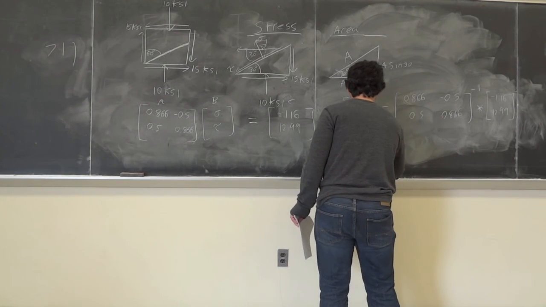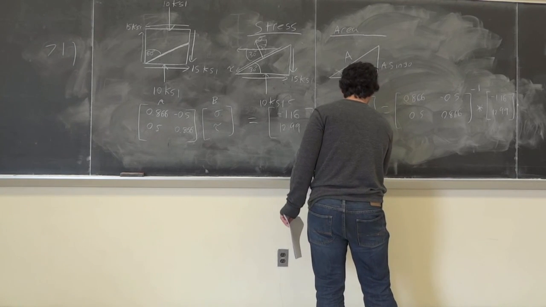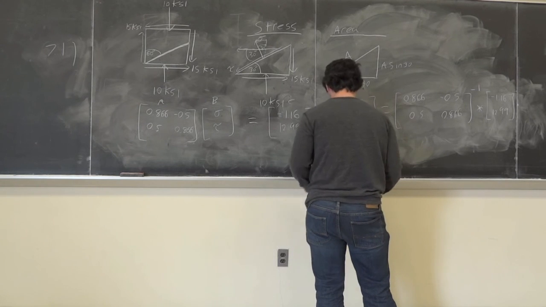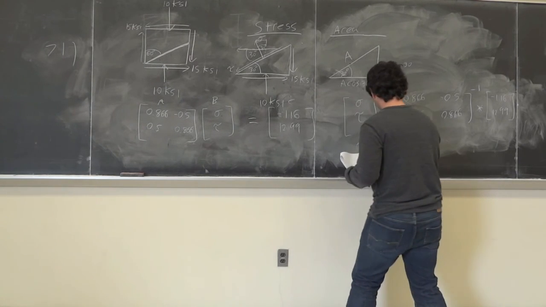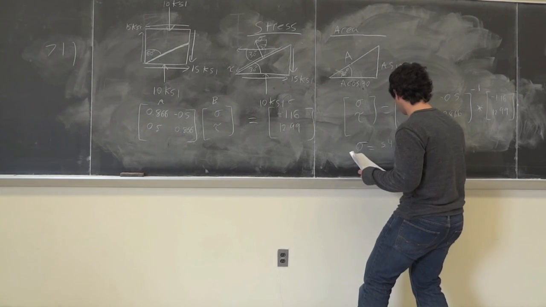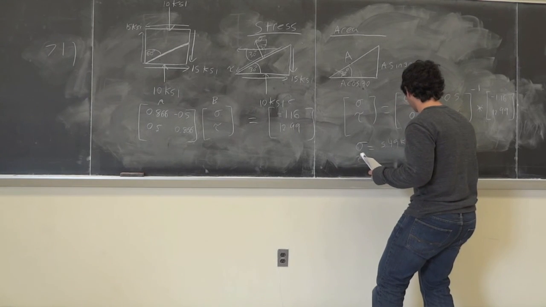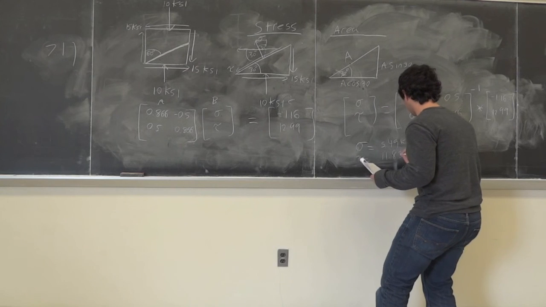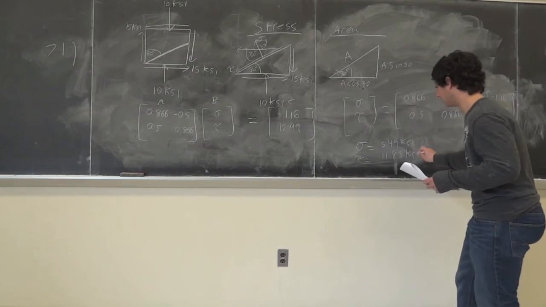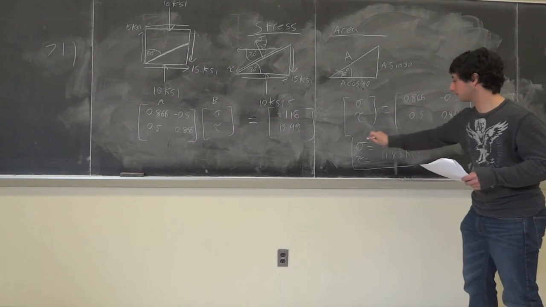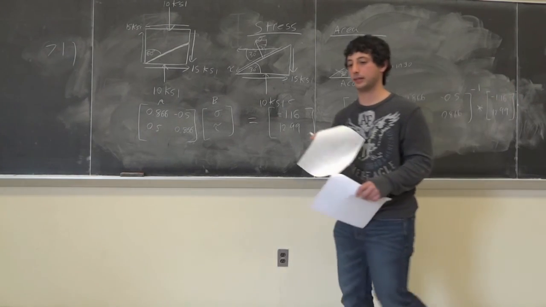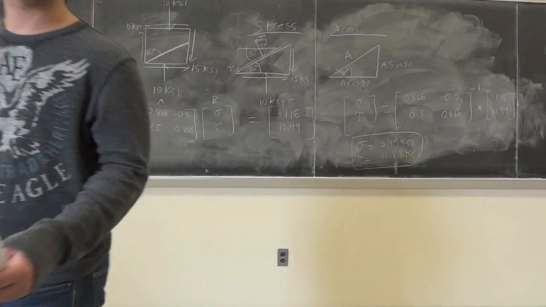So sigma is equal to 5.49 KSI, and tau is equal to 11.83 KSI. Alright, that's it. Let me pass around the paper for you guys who stayed.